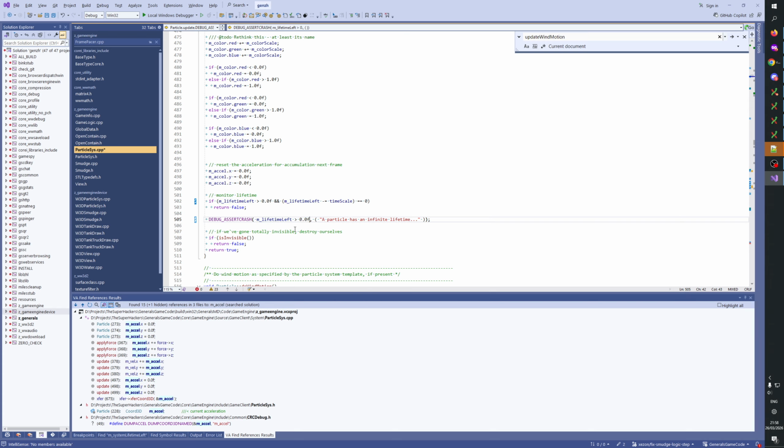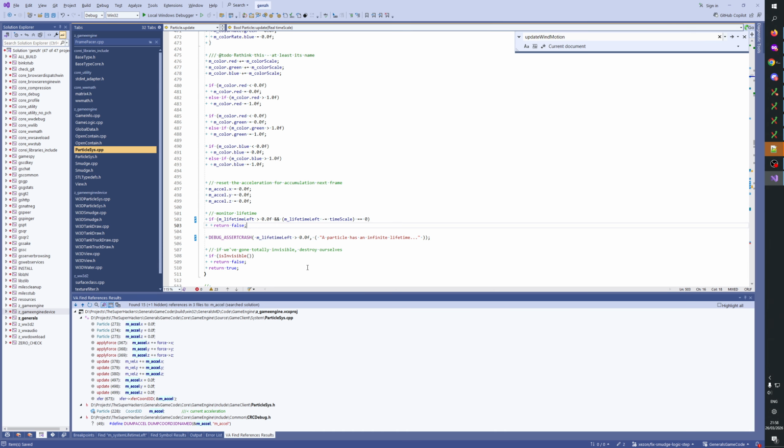Smaller equal. Let's write this a little bit nicer.